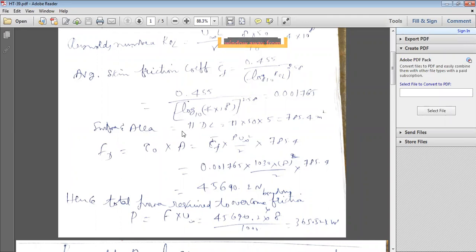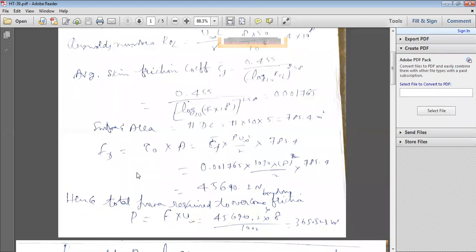So surface area is pi d L, that is equal to pi into diameter of this cylinder 5 meters into L 50 meters. So the surface area will come to a value of 785.4 meters square. That is the surface area.